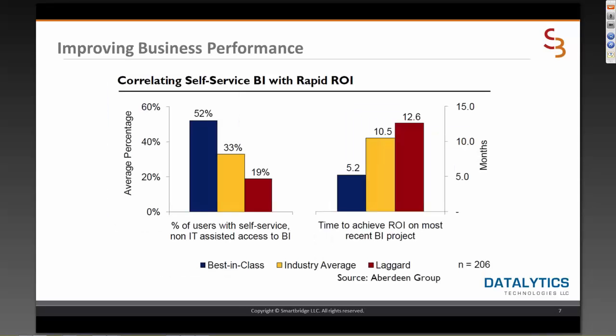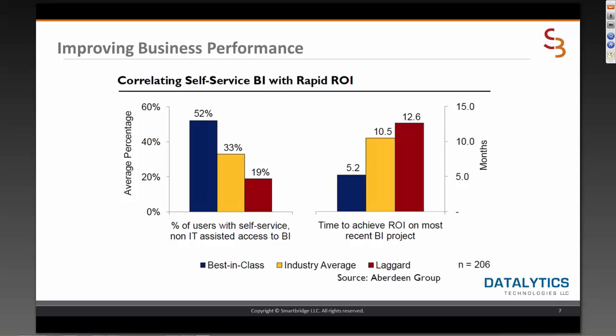Here's a study that's been done by Aberdeen Group, and I really like this. It looks a little confusing, but as we go through it, it's going to make a lot of sense. If you look at the left-hand side of this screen and the chart on the left, what we're trying to understand here is how do we correlate self-service business intelligence with a rapid return on investment?